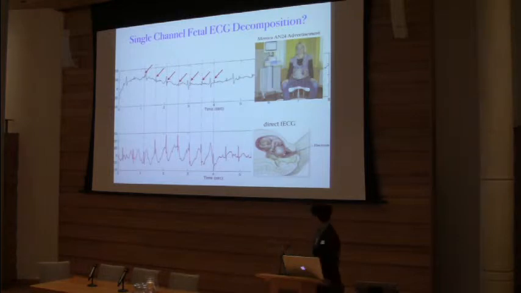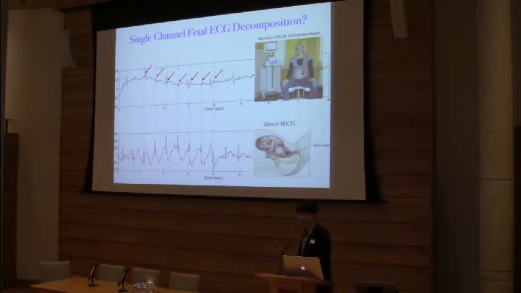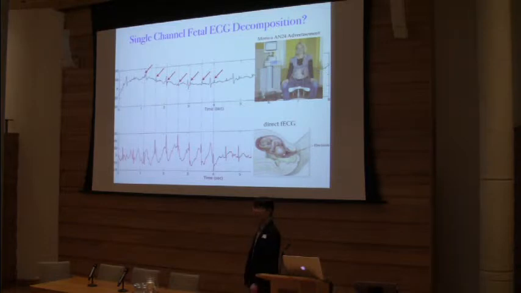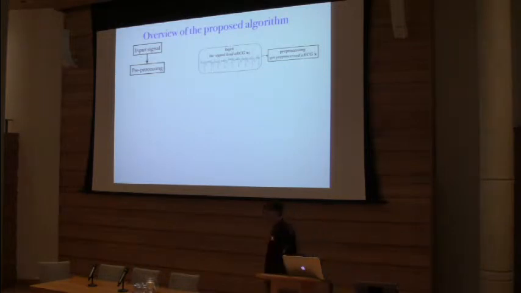And this is the direct contact ECG signal you can record. So you can see that we do have quite a lot of information from the abdominal maternal ECG signal. Now the question is, I give you a maternal abdominal ECG, how can you get this signal out? How to do it?